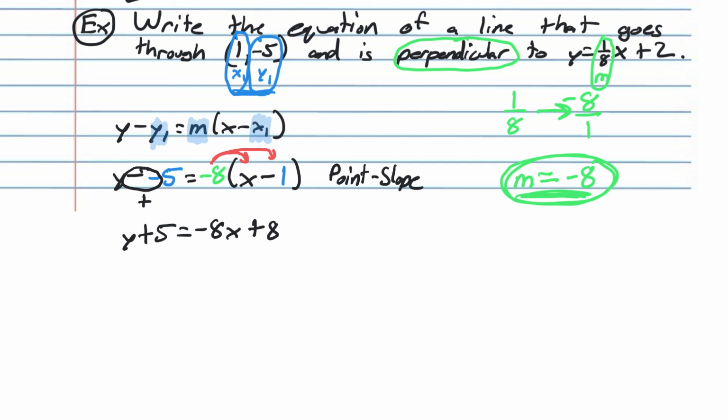And then the last step, get rid of that 5. We get the final answer of y equals -8x, and then 8 minus 5 gives us 3. Now we have slope intercept.